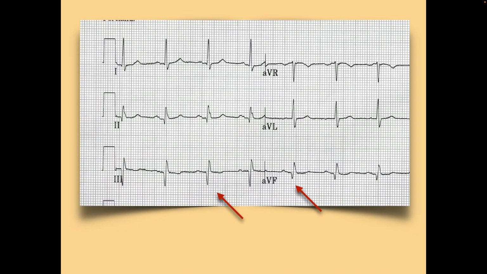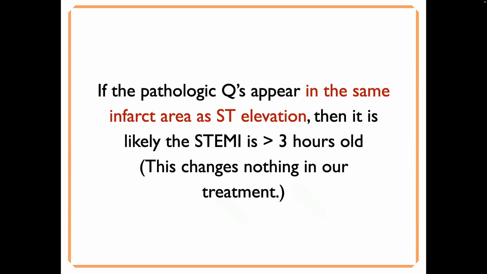Looking a little bit closer, it's the same 12 lead, just blown up. However, if the pathologic cues appear in the same areas as ST elevation, then it's likely that the STEMI is about 3 hours old. Changes nothing in our treatment.